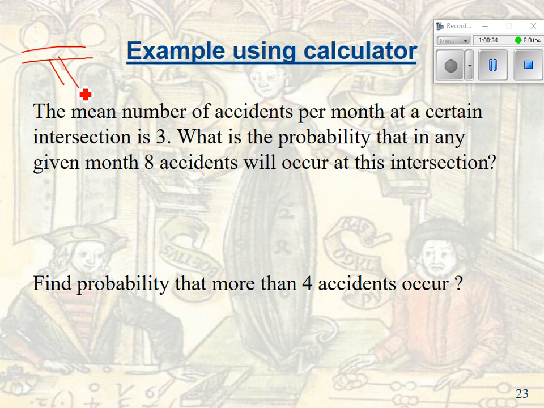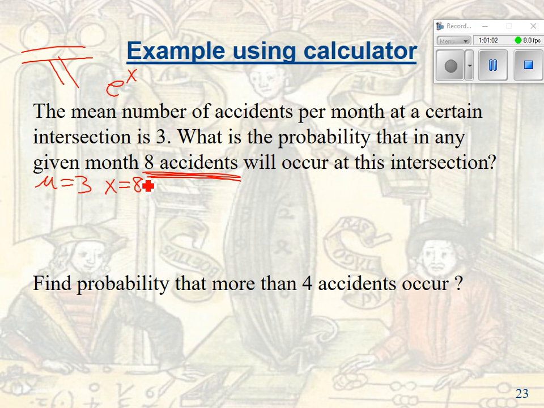It's got the E with the X. So if you want to use the formula, that's where it's at. So here, the mean number is 3, so mean is 3. What's the probability that in any given month, there's going to be 8 accidents at that intersection? So our X is 8.